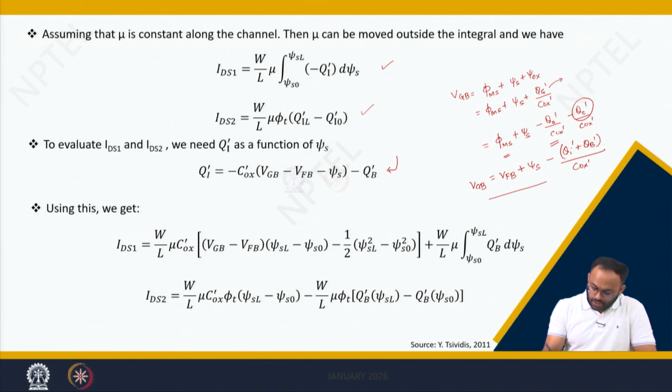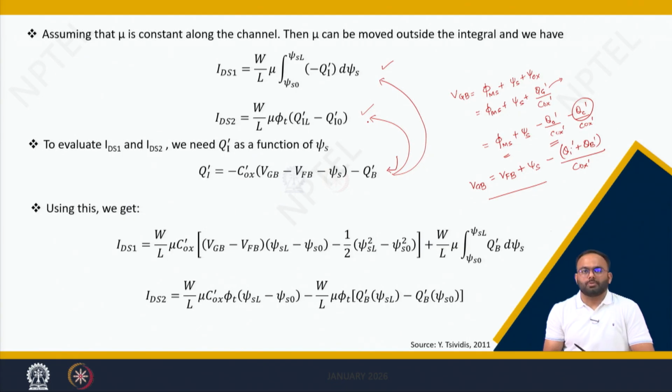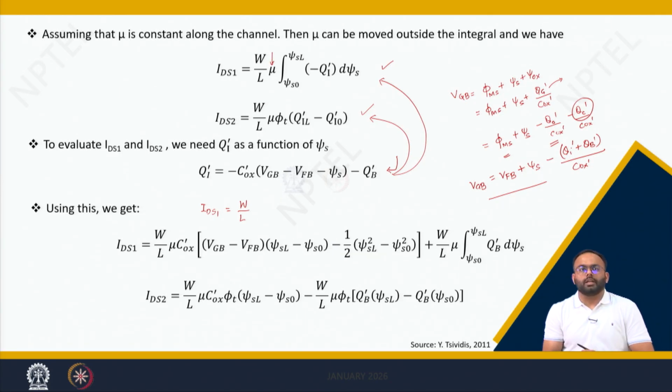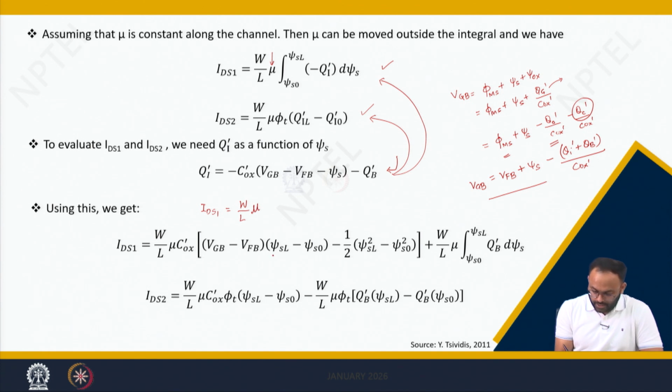And now what we will do is put this equation back into our formulas of IDS1 and IDS2. If we keep it here, ultimately IDS1 can be rewritten as W by L. Now we are assuming that mu, or the mobility, is also constant, though it is not the practical case, but for simplification we are assuming the mobility is constant and taking it out of the integral.